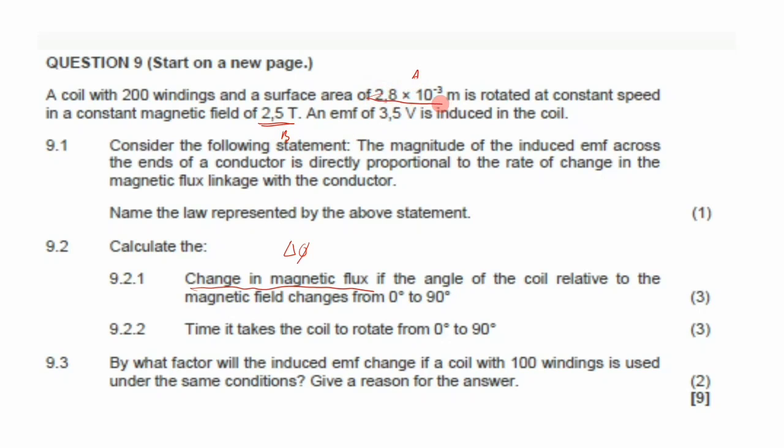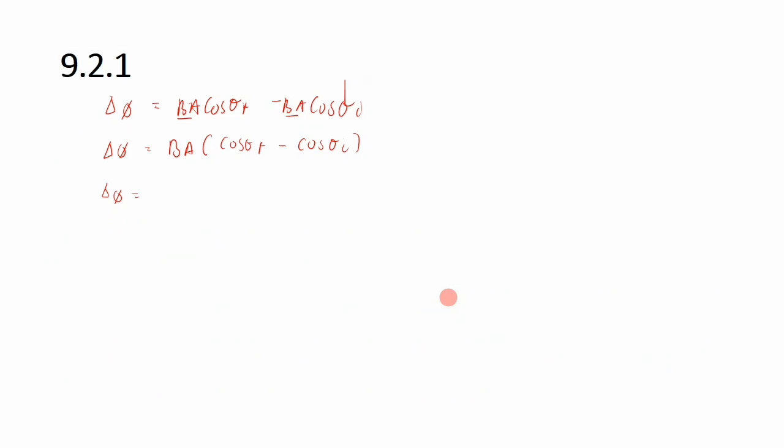The angles are 0 and 90 degrees. So we have B 2.5, and the A is 2.8 times 10 to the exponent of negative 3, and then substituting our angles, we have cos. They said from 0 to 90 degrees, so 90 is the final angle and 0 is the initial angle, right? That gives 0.007 Webers.